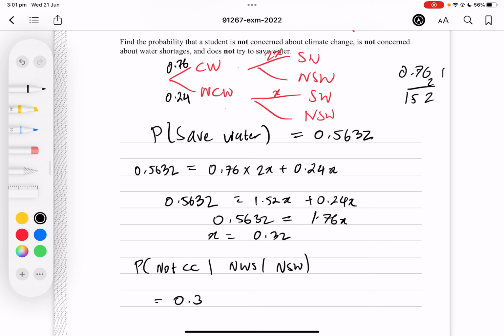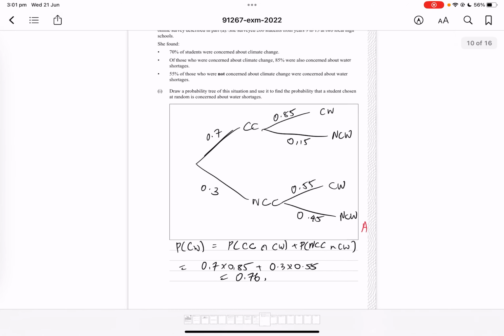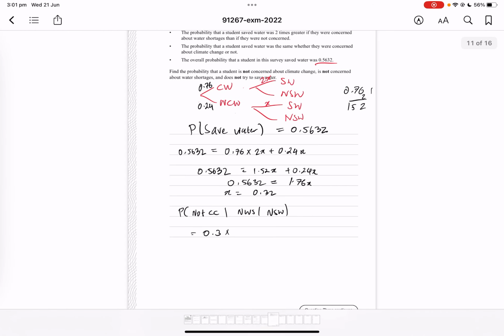That is the probability of not being concerned about climate change, multiplied by not concerned about water shortages, which is 0.45.